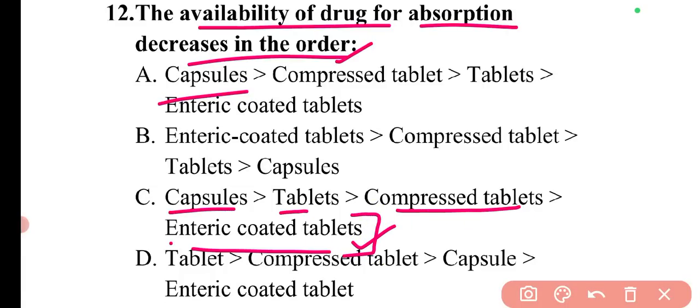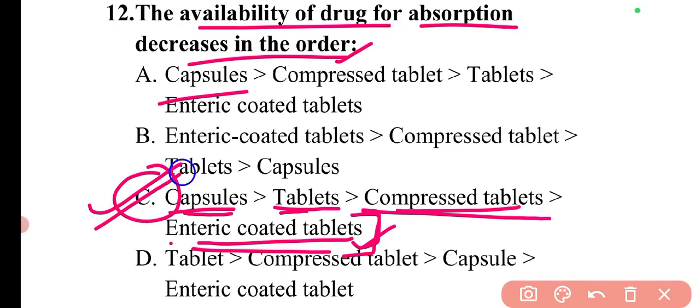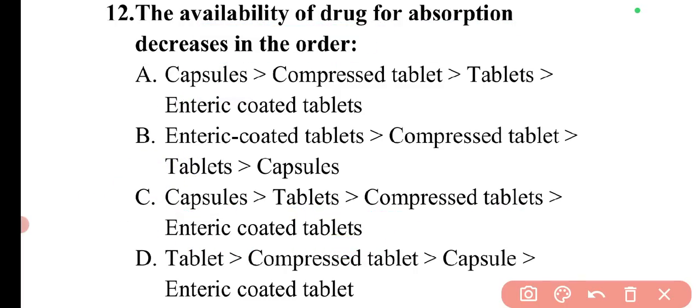Enteric-coated will be absorbed last because there is a coating on the tablet which protects it in the acidic environment of the stomach, allowing it to be released or absorbed in the intestine. So after capsules, the tablets, then compressed tablets, and then at last enteric-coated tablets. So here the correct order will be option number C.